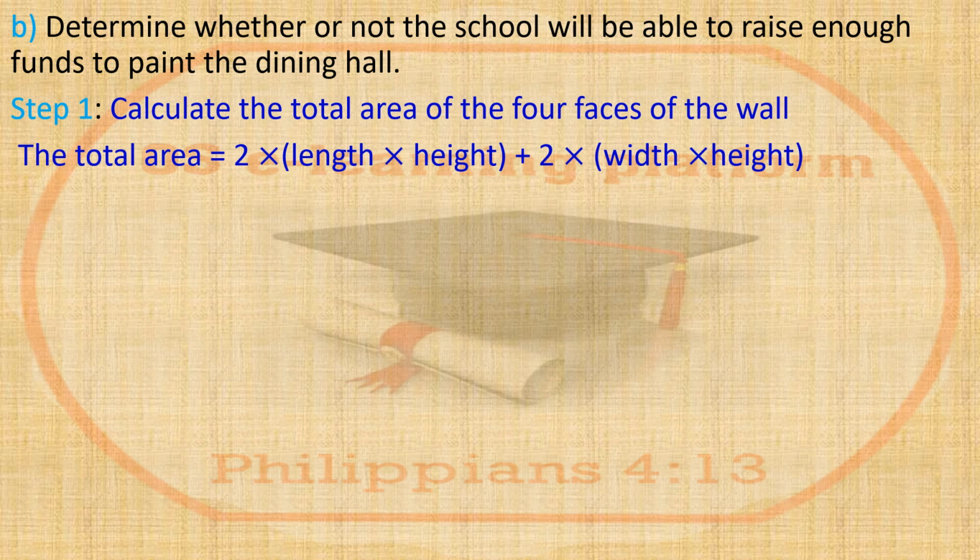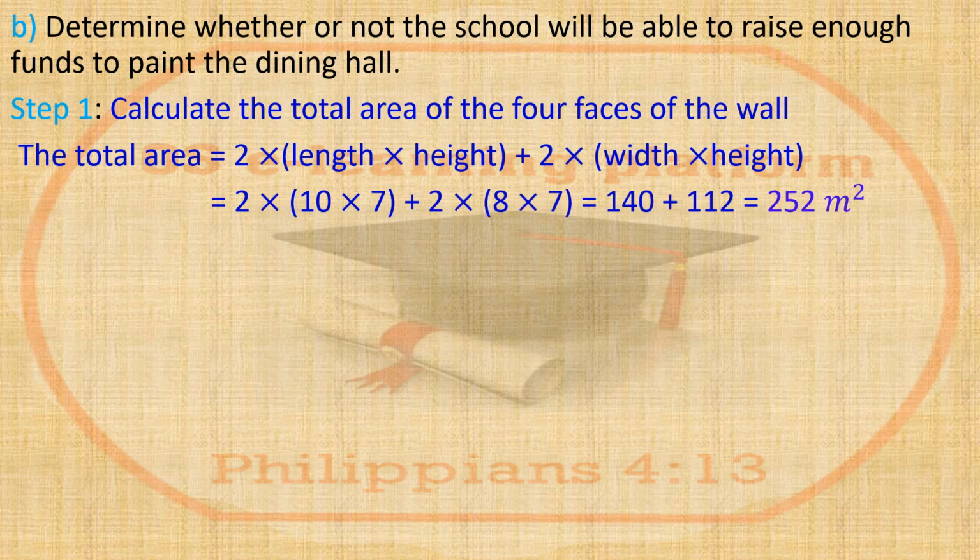Then plus also the other remaining 2 surfaces that have the same width and the same height. So I still multiply that, and guess what? I will get a total of 252 square meters. So that is the total surface area of that hall.